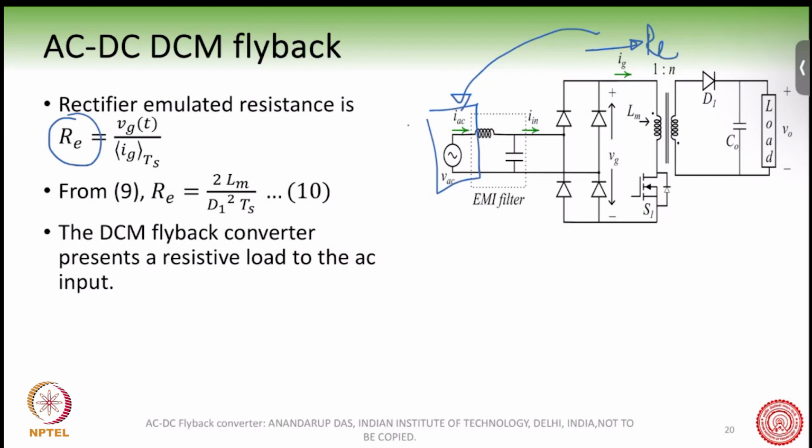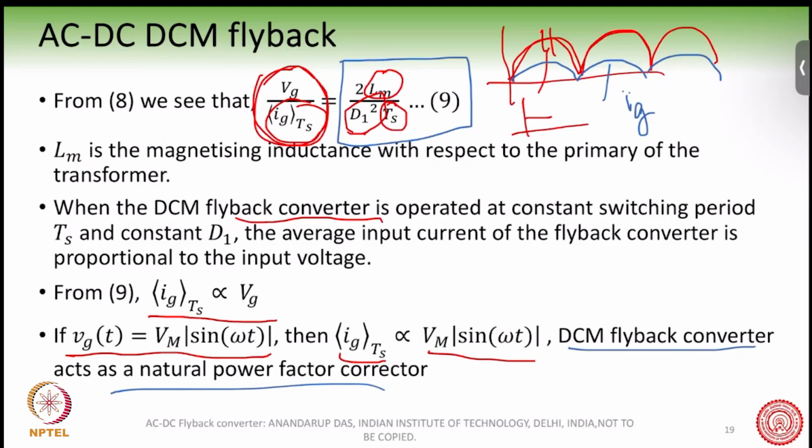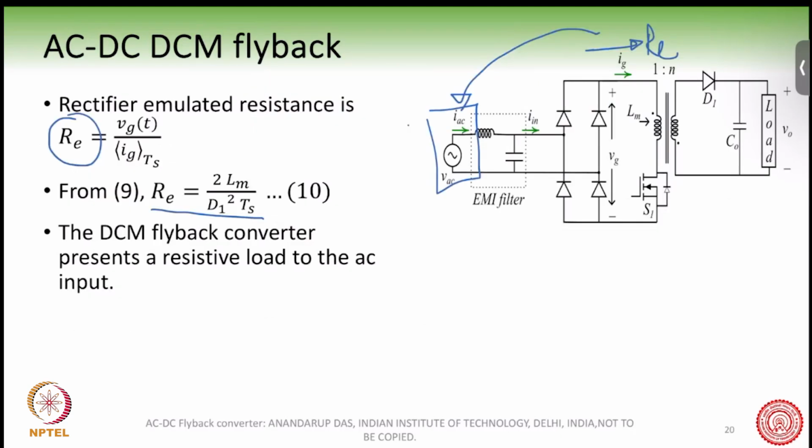So Re is equal to Vg by IG Ts, and Re can be given this value, equation 9, 2 Lm by D1 squared Ts. Therefore, the DCM flyback converter presents a resistive load to the AC input. Of course, we have assumed that the EMI filter has no losses and no drop, which is a fair approximation to start with. This is how the converter works.